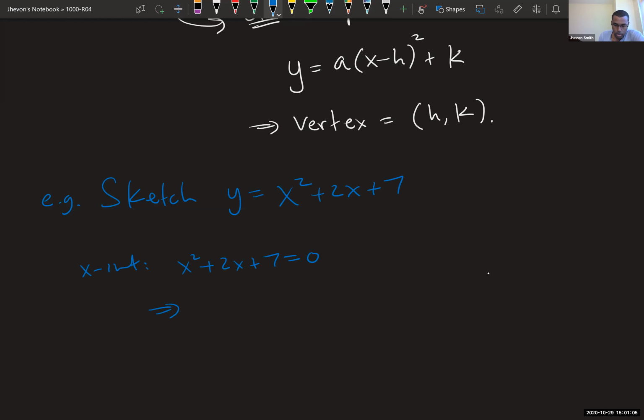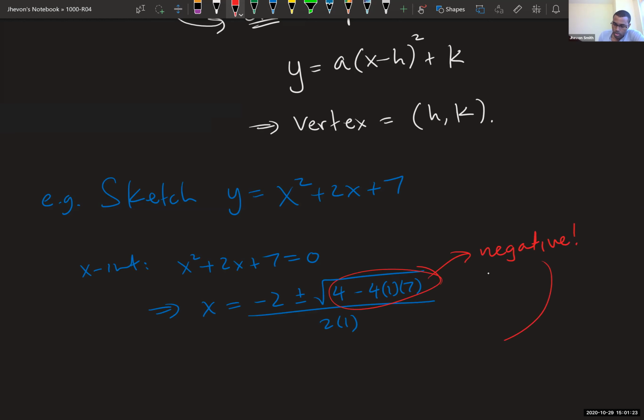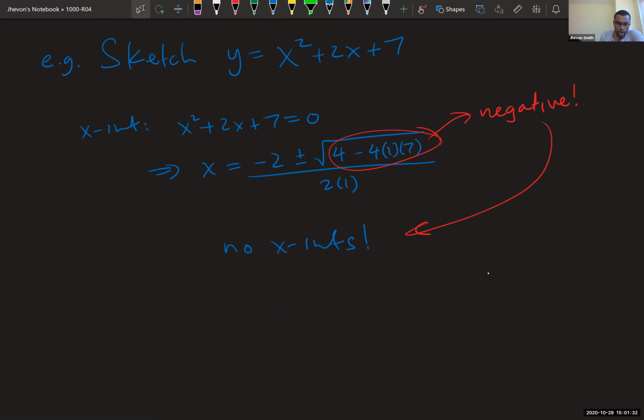It doesn't factor, so you jump in and go, oh, quadratic formula: minus b plus or minus the square root of b squared minus 4 times a times c, all over 2a. You'll notice here this negative. Hence, no x-intercepts. However, the y-intercept you can always find. The y-intercept is just going to be 7.